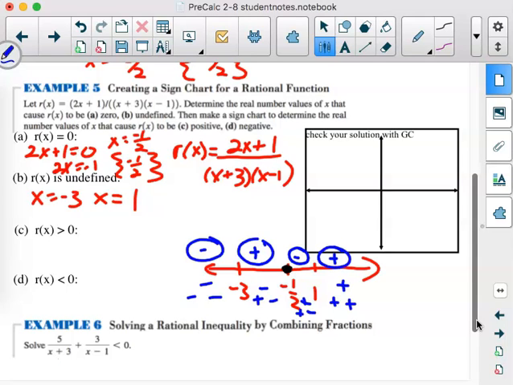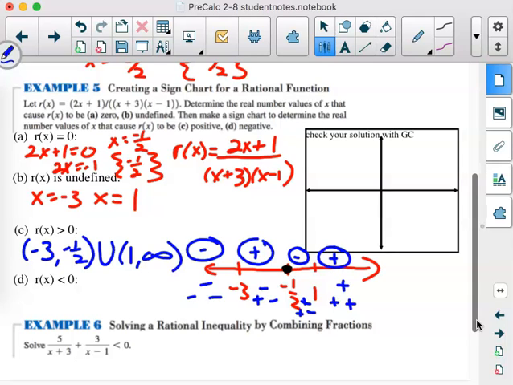Well, now we can go back and finish up what they have here. When is r of x greater than 0? Well, that's going to be where we had positives on our sign chart. So the positives are from negative 3 to negative 1/2, in union with, because we want any place where this is going to be positive, 1 to infinity.